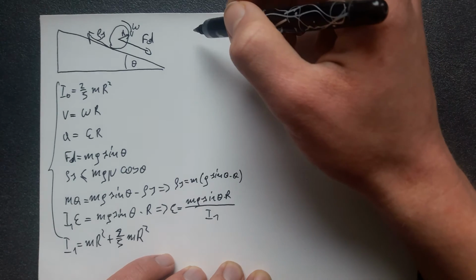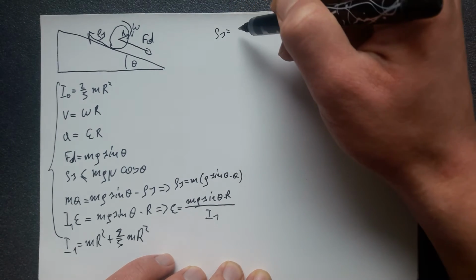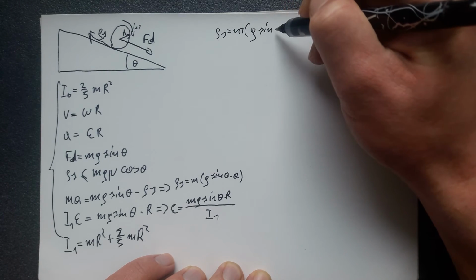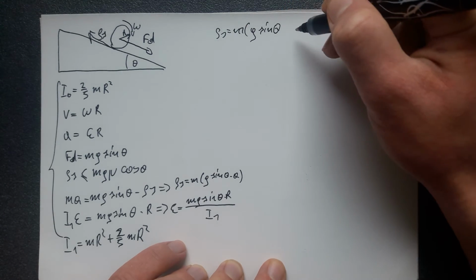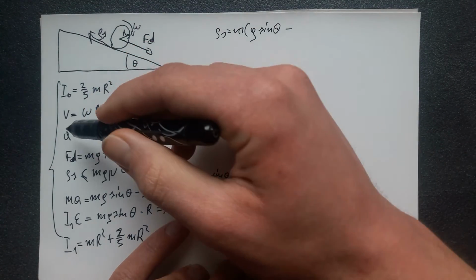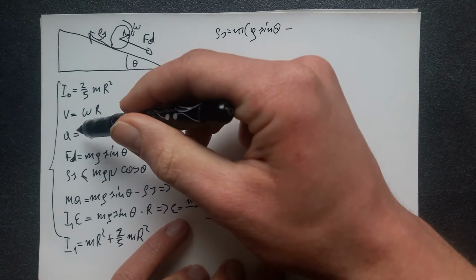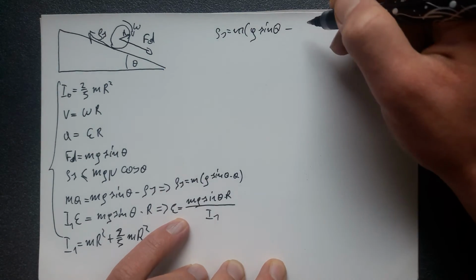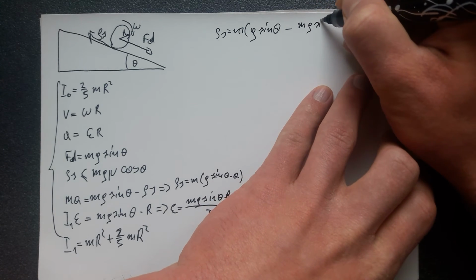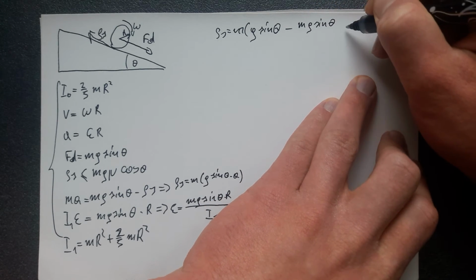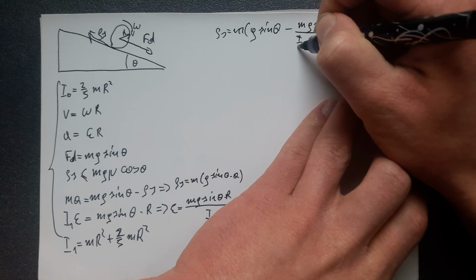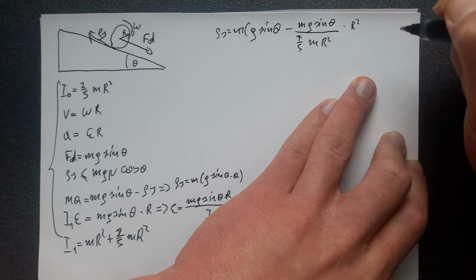And now we can substitute the epsilon here and a here. So I will write that Fs is equal to mg sine theta minus, here I will substitute this expression for epsilon to the expression for a, and I will get mg sine theta times r squared divided by 7/5 mr squared.